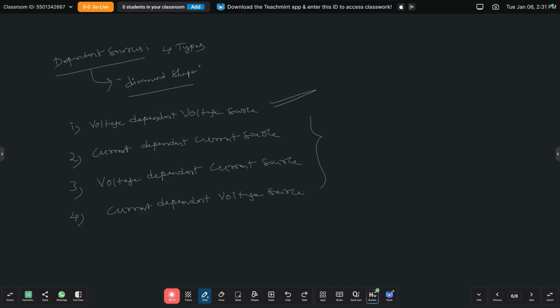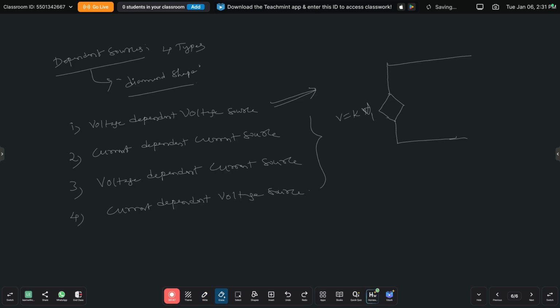How can we represent the first one, the voltage dependent voltage source? It can be represented like this. Here we represent it with a diamond shape, and these two are the end terminals. The first one is the voltage dependent voltage source, that means V is equal to K into V1.